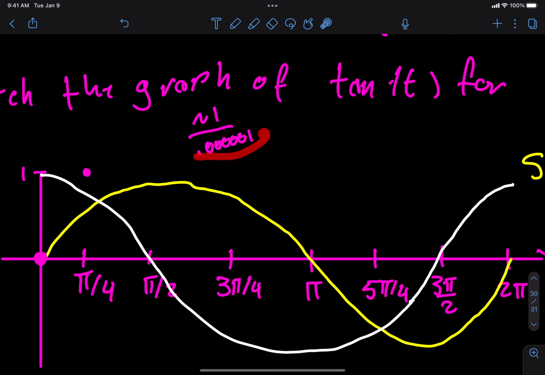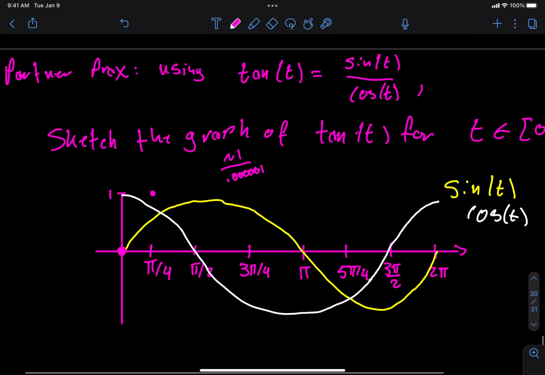But importantly, this really small number is positive. Positive divided by positive is a positive, and a regular number divided by a really small one will, all things held equal, be really large. So as we march our angle closer and closer to pi over 2, the value is going to positive infinity.